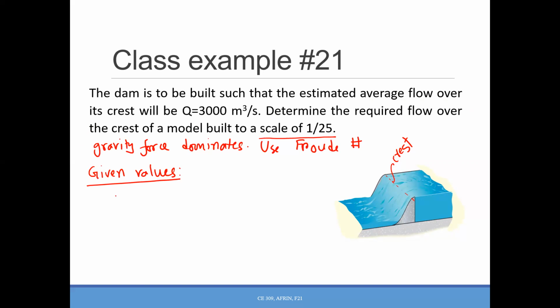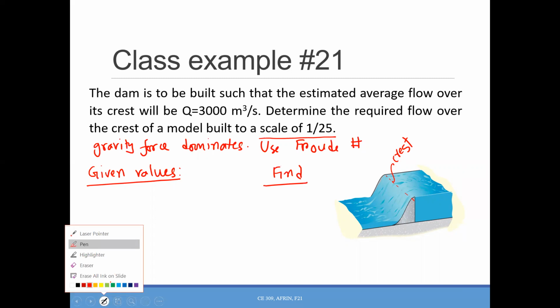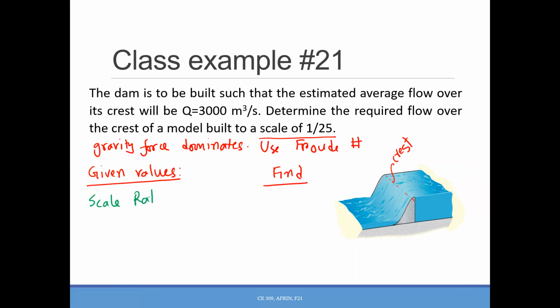Okay, so we have a scale ratio, that is the first one. It says determine the required flow over the crest of a model built to a scale of 1 to 25. That means the model was 25 times smaller than the original one.